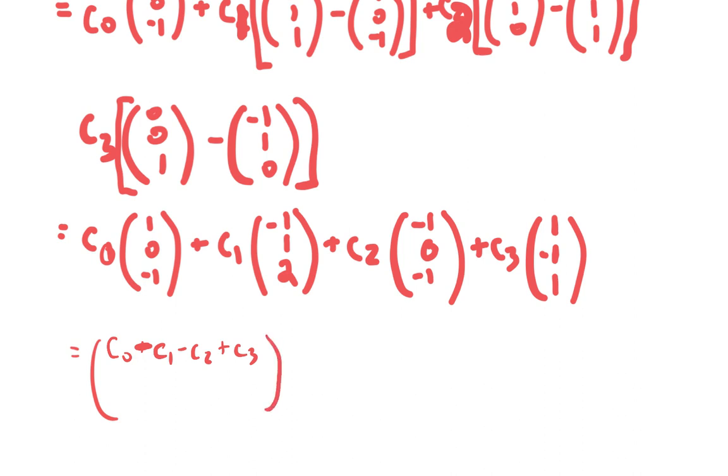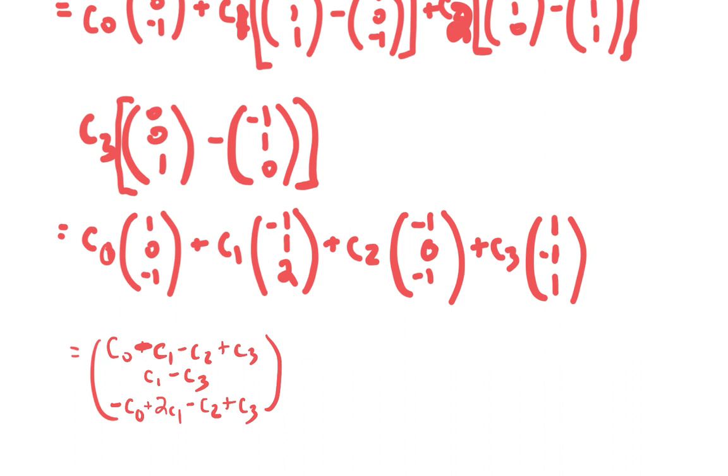The second entry, there's only C1 and C3, so it's going to be C1 minus C3. And the last entry is going to be negative C0 plus 2 C1 minus 1 C2 plus 1 C3. So that's what this linear transformation does to any polynomial.